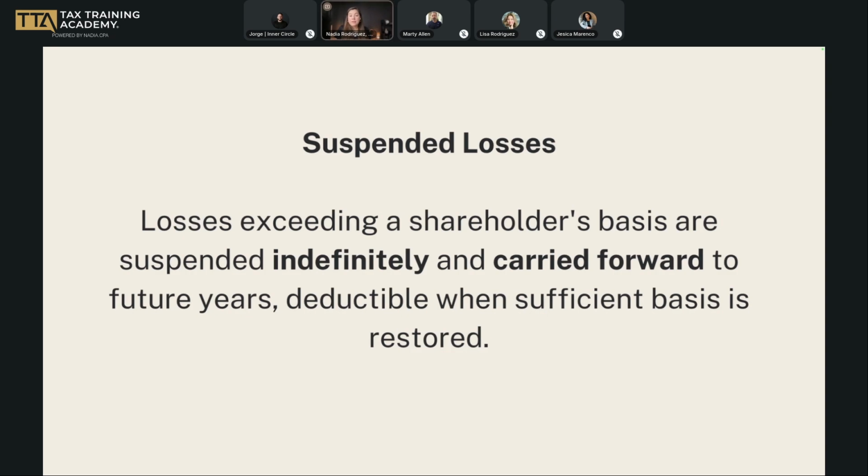Very different from passive losses, where if you are limited on your losses due to passive activity because you are not active in your S corporation, or very commonly what we see with rentals. If you have passive losses due to rentals and you dispose of the rental, you sell it off, at that point, you're able to release those losses against any income. But suspended losses get lost forever.